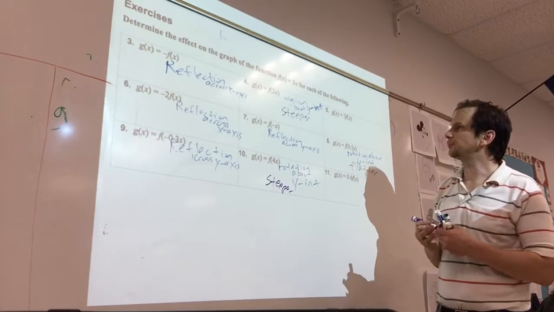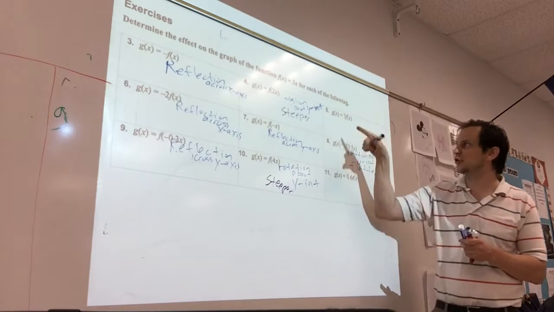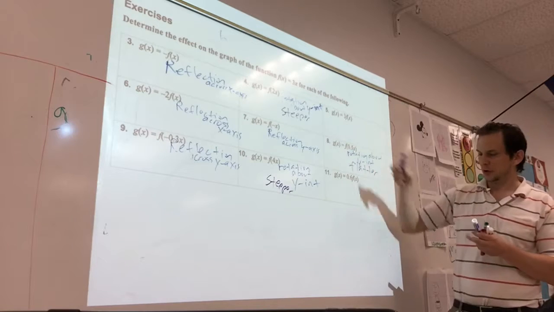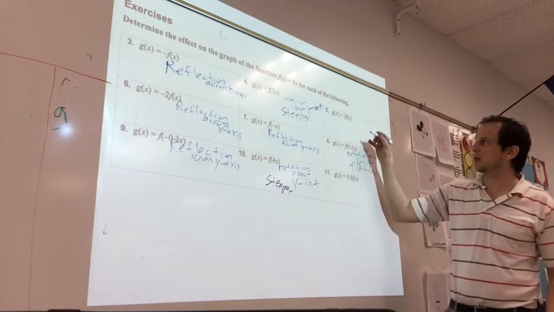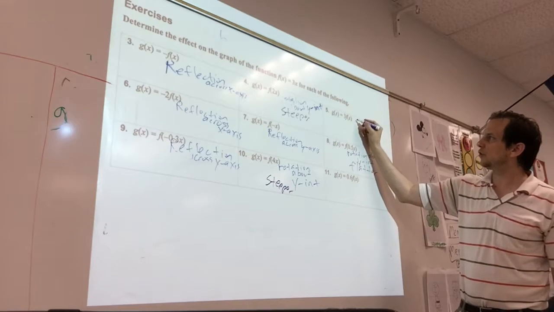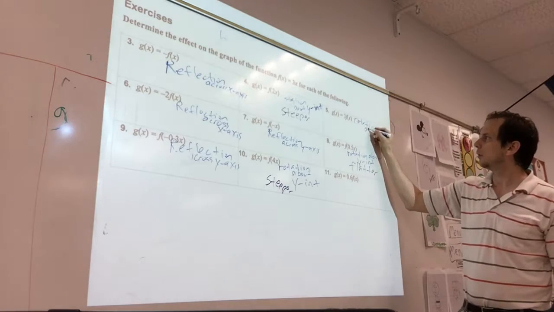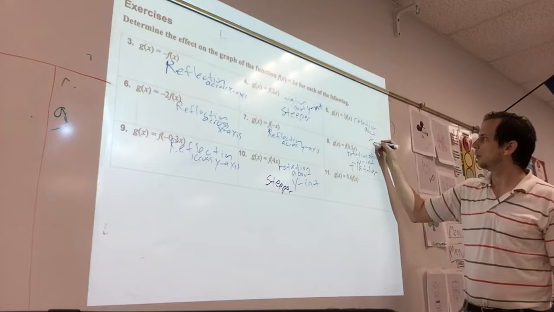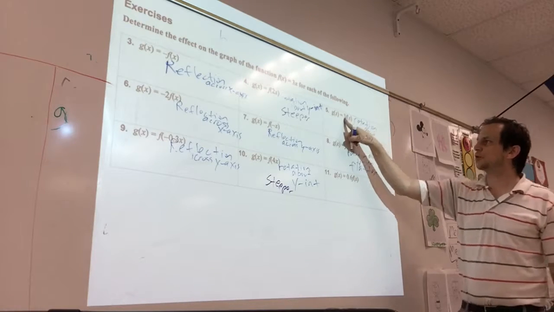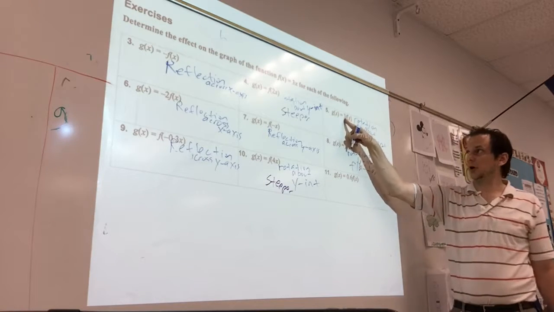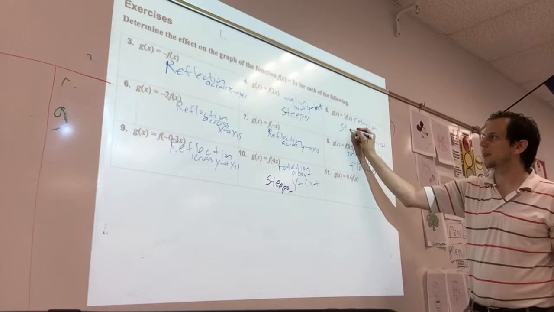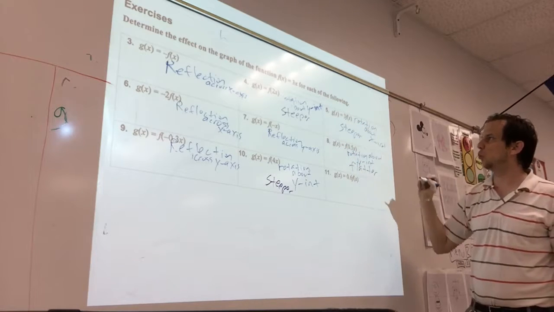Okay, are we done? No, we have some numbers that are outside parentheses. So these will be rotations about the X-intercept. And that's going to get steeper because it's a bigger number. The number that was there before was 1.